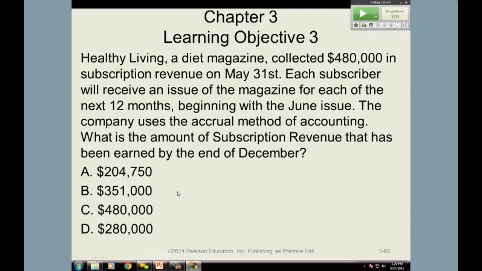So again, when you make these entries, you have to think about it. If we go to the unearned revenue account, it had 480. That's the beginning. And then you have the adjustment for the amount you earned. So the balance is 200. And this is for the last 5 months of the next year. $40,000 a month for 5 months in next year. So that's where the 200 comes in. Okay?